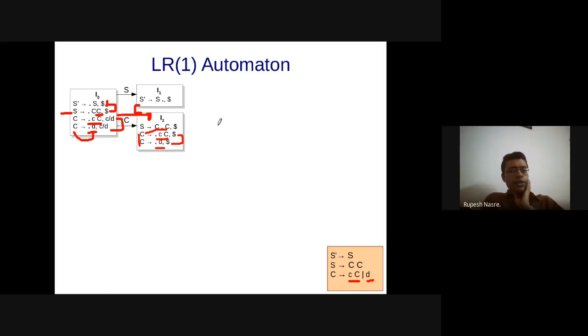And there are more such transitions which are going to be there. I request you to try out the other combinations with other transitions possible. So for example, from I0 there are transitions on small c and small d possible. Similarly, from I2 you can have transitions on capital C, small c and small d.